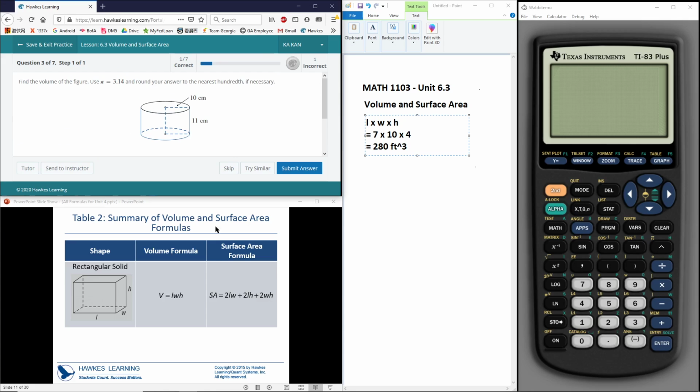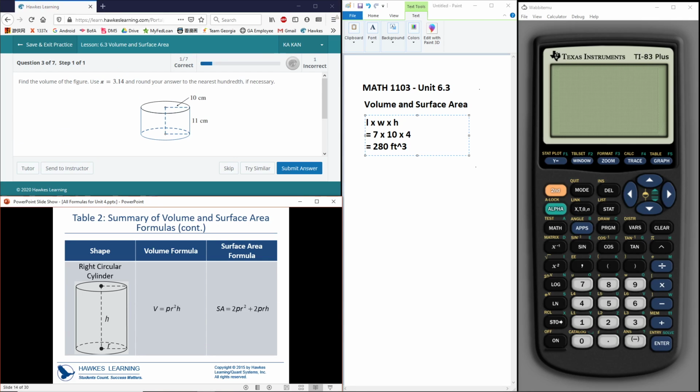So this guy right here is a cylinder. If you go down here to the cylinder, the volume equals pi times radius squared times height.